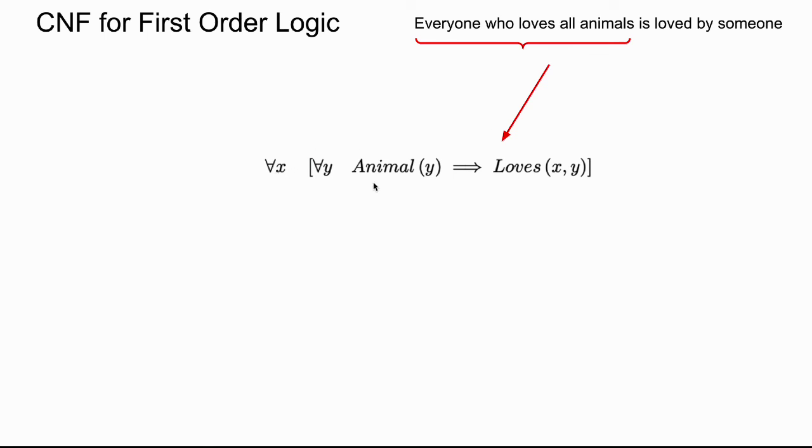So now you have this statement, you have for all x and you have for all y, animal of y implies loves x comma y. So what does this mean?